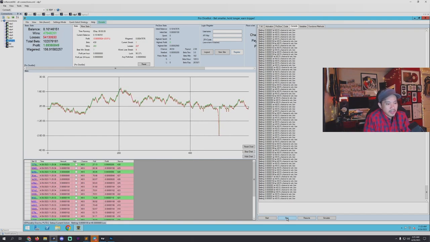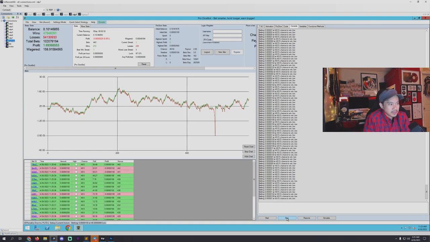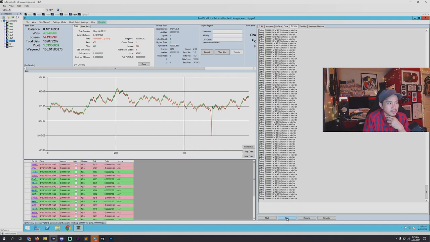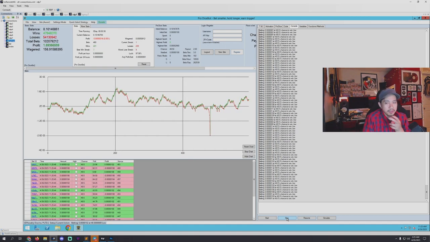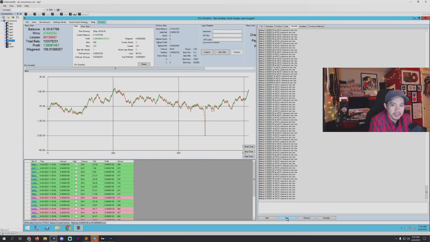We need some luck on our side, man. We're at minus $300 still. We need to get to 1,000. And once we get another 1,000, that'll be 20% of our money, right? 20% of our base bet. Keep saying our money. It's not our money.